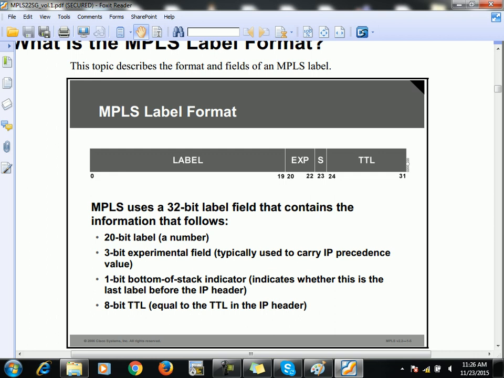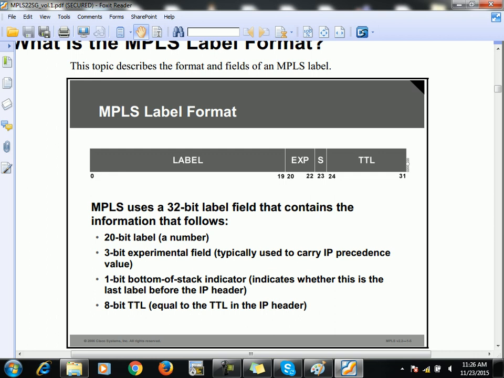If you are using multiple services at the same time in MPLS, then you will be adding multiple labels onto your packet. So basically this S bit, bottom of stack, will be responsible to tell a device whether this label is the last label in the label stack or some more labels are to be followed.